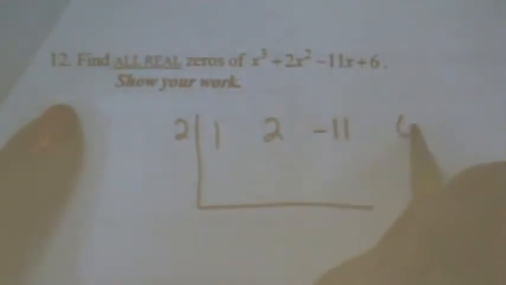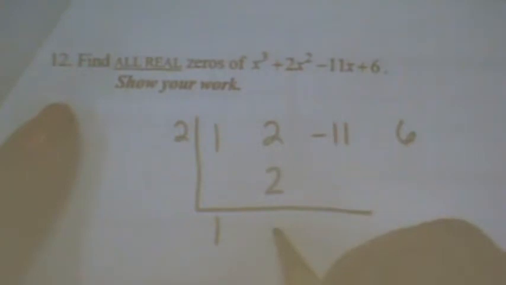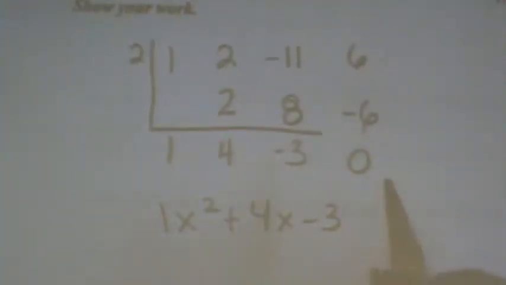So again, you do the possible 0 test, try 1, 1 doesn't work, you try 2, 2 works, and I'll show you really quick. Bring down the 1, 2, 4, 8, -3, -6, 0. So it worked. So 2 is a real 0, and now what you have here is 1x squared plus 4x minus 3. Now, it looks like it's factorable, but it's not.